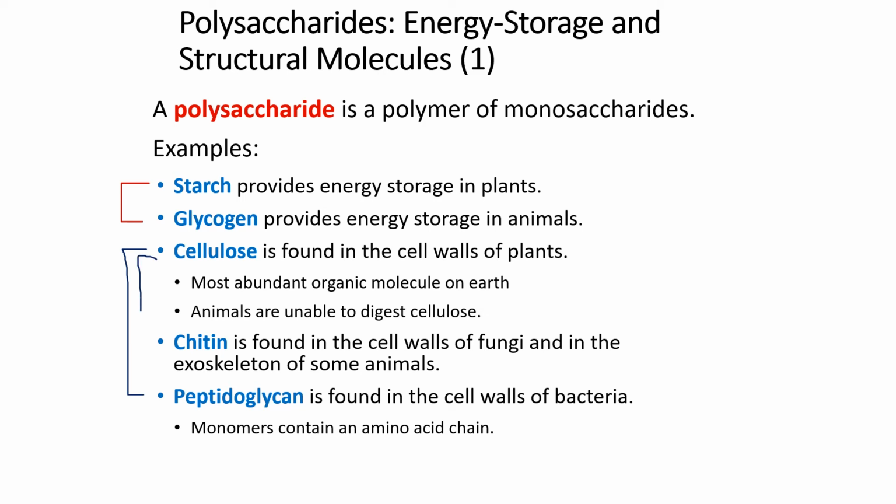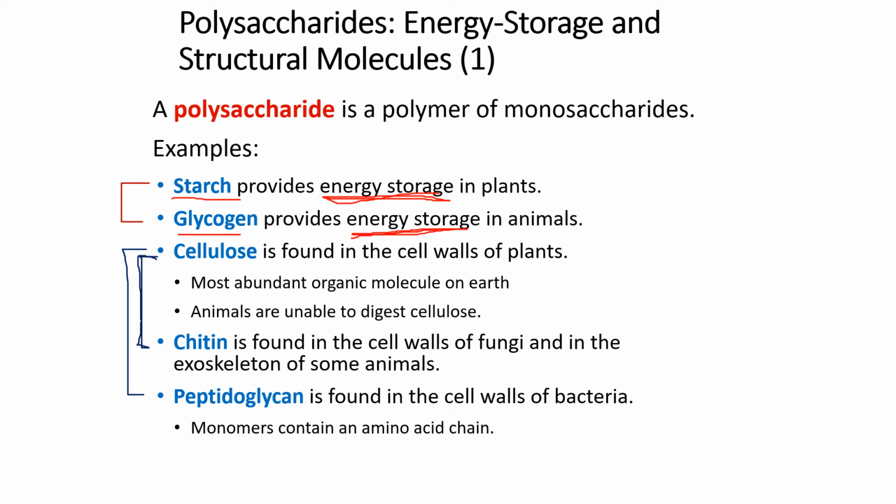I really only want you to know these 2. So you do need to know 4 polysaccharides, 4 examples of polysaccharides. But let's start with these 2. So starch and glycogen are just storing glucose.